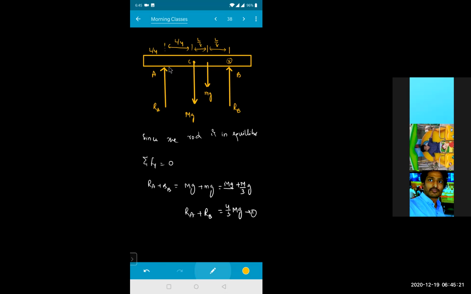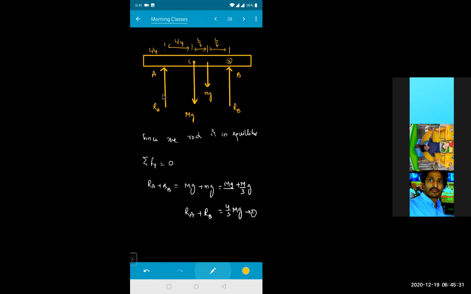This is L by 4 and this is L by 4, so that will be L by 2. So that will be RA into L by 2. That must be equal to the other forces. This is the only force acting upward. These two forces are in the downward direction. Mg, this distance is L by 4.